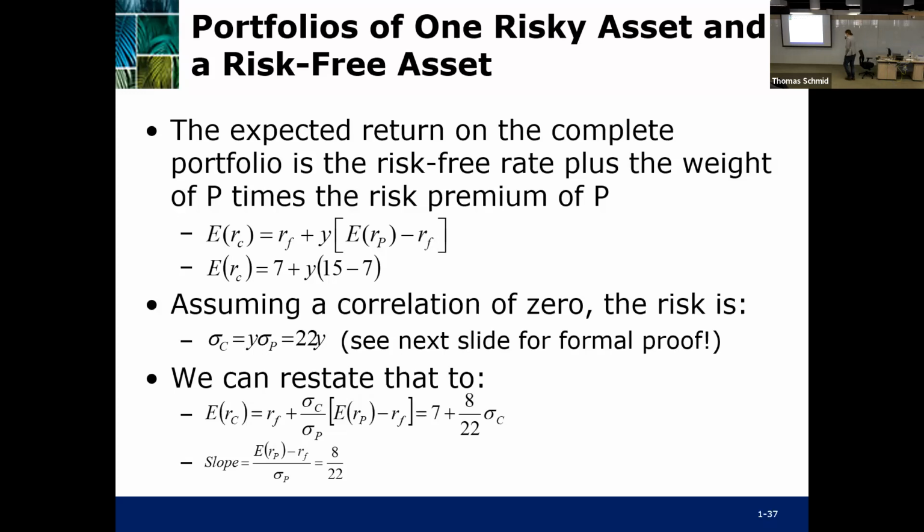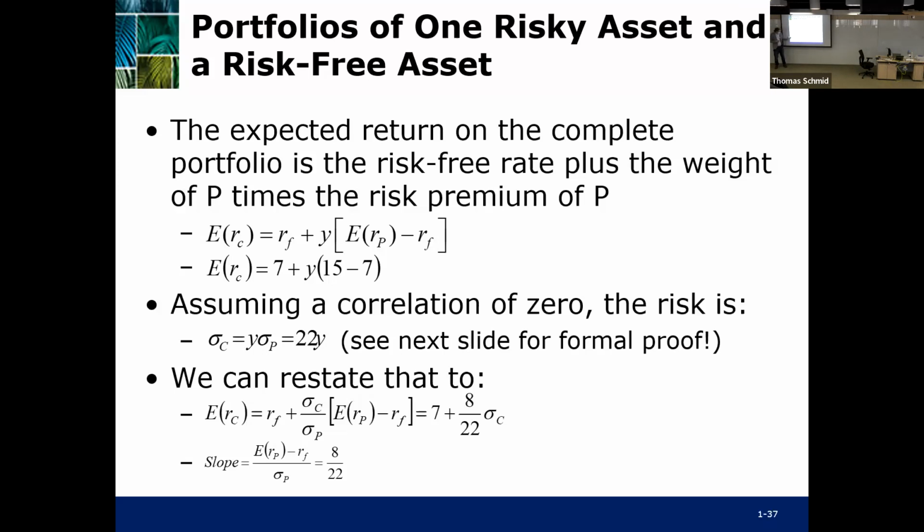In this special case, however, the risk of the complete portfolio is nothing else than the standard deviation of the risky asset times Y. This is the special case if we have a risk-free asset and a risky asset in the portfolio. Only in this case, this formula holds.